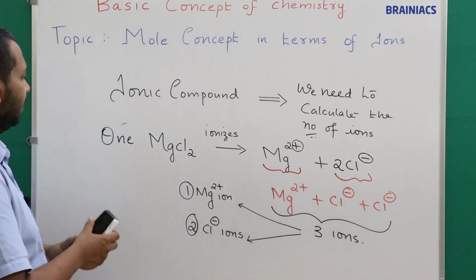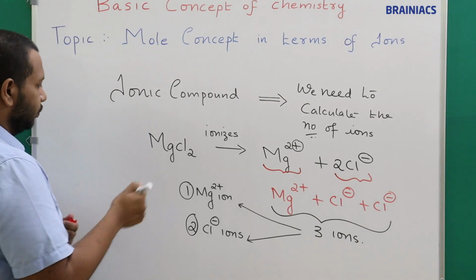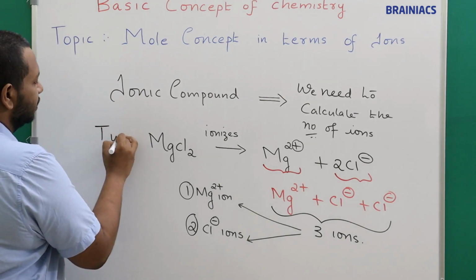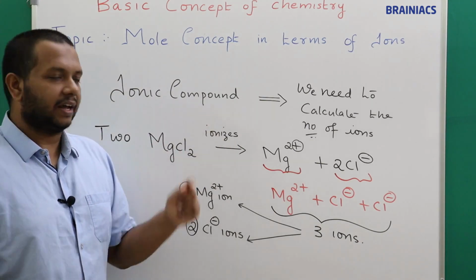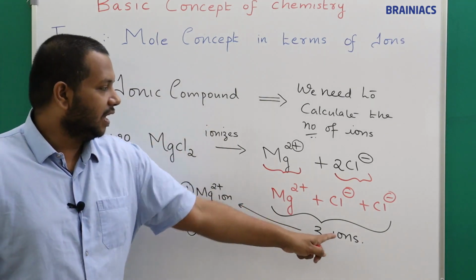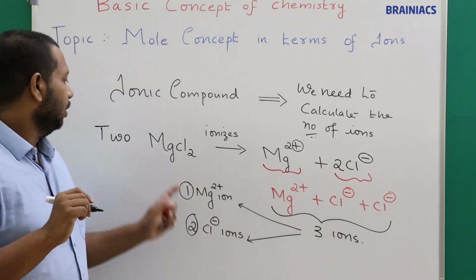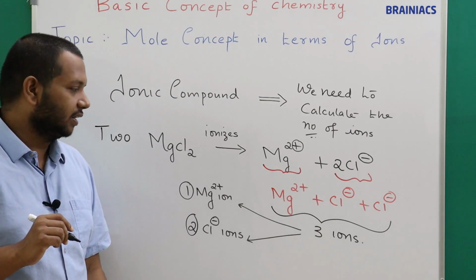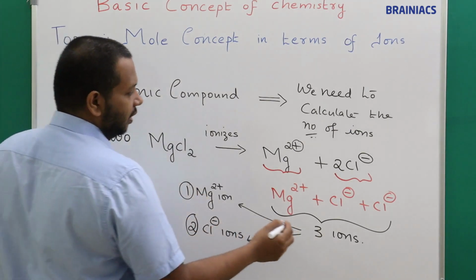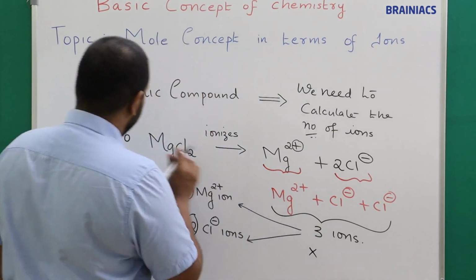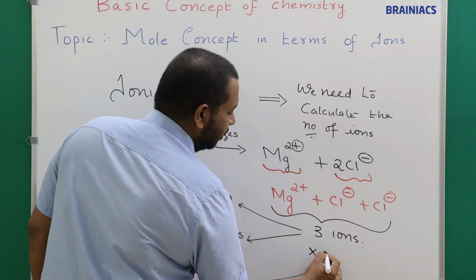Now if instead of 1 I am saying 2, what are the changes it will become? 2 MgCl2 then ionizes. I know that 3 ions are generated for one compound. Now for 2, how many will be generated? I will multiply this 3 by this number, 2.